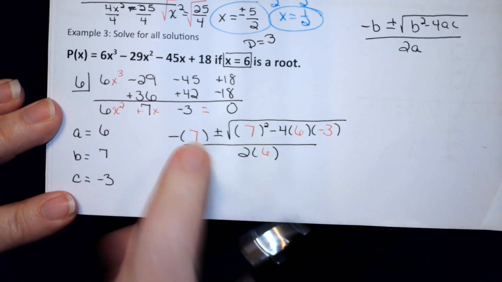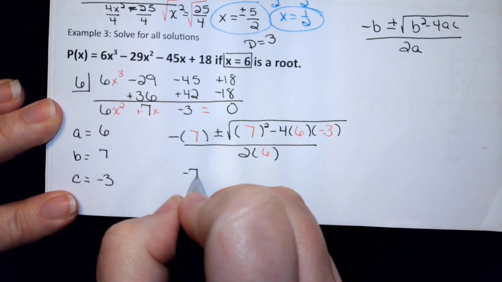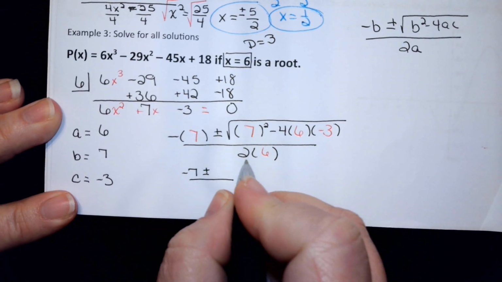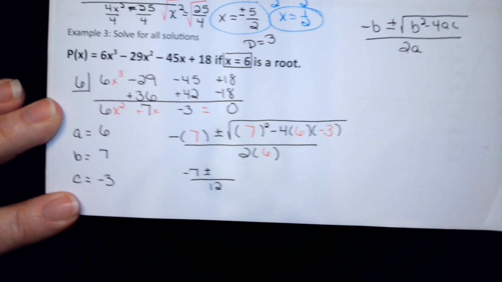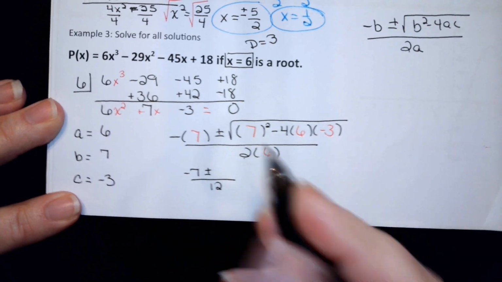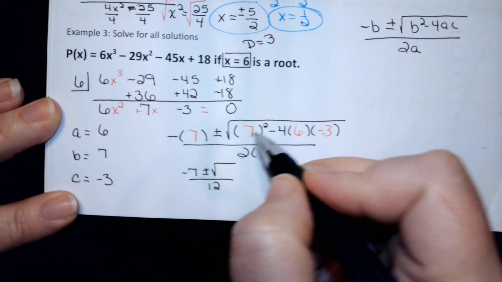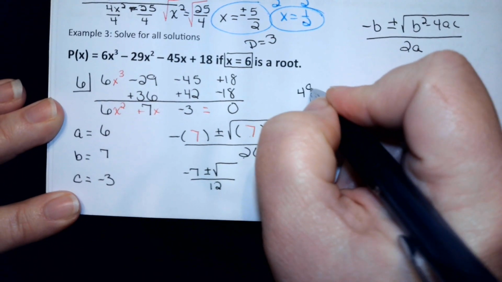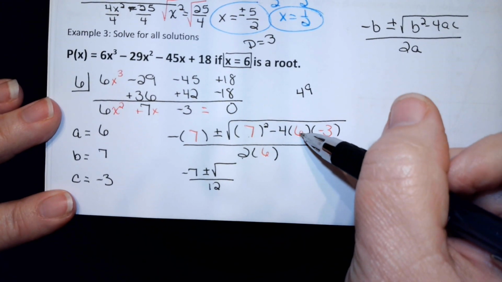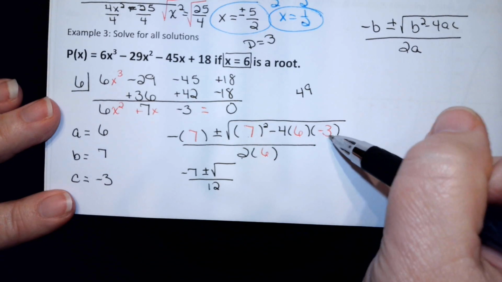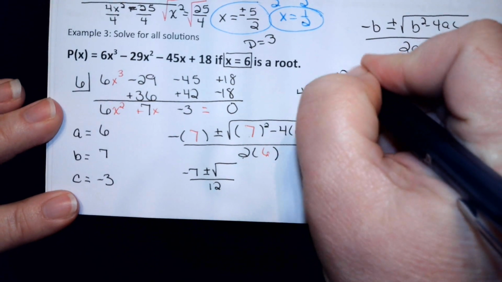Alright, so the opposite of 7 is -7. 2 times 6 is 12. And let's find out what the discriminant is going to be. Alright, 7 squared is 49. 4 times 3 is 24, and 24 times 3 is 72.